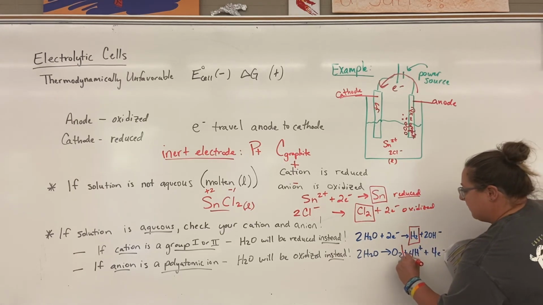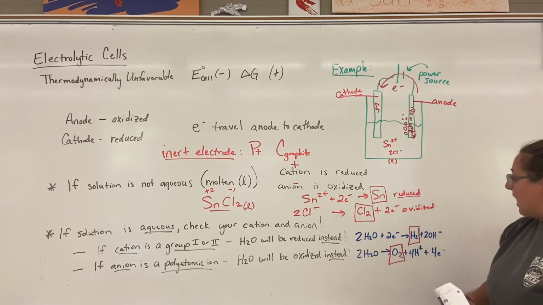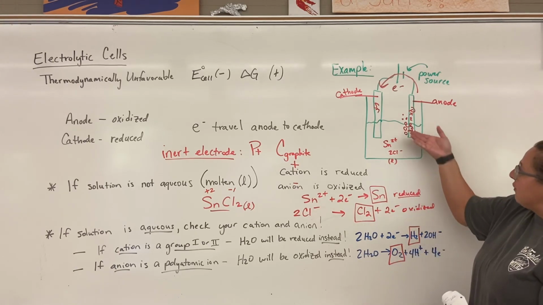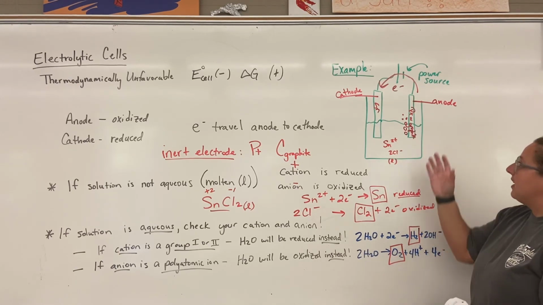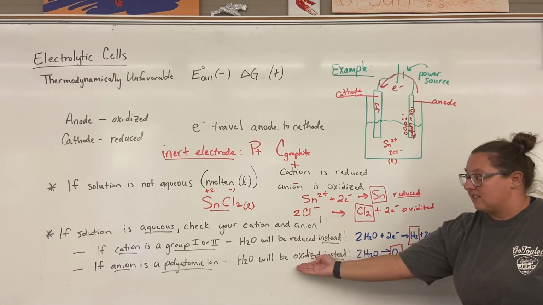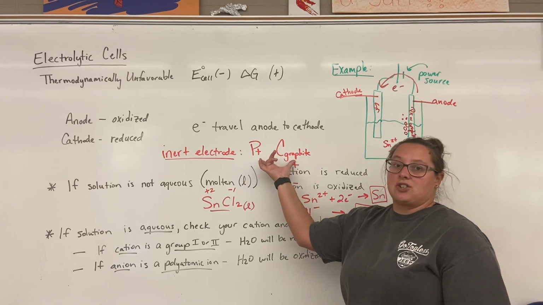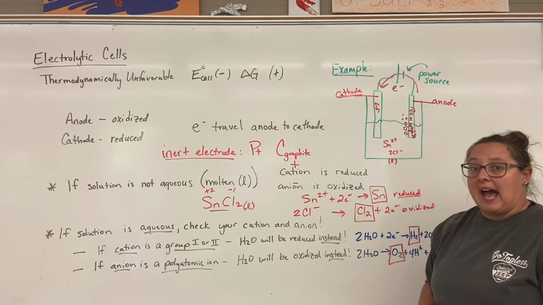What we will see produced there is oxygen gas. So like before, if we have oxygen gas that appears to be produced at the oxidation site, so the anode, we will again have to use an inert electrode there because it is a gas.